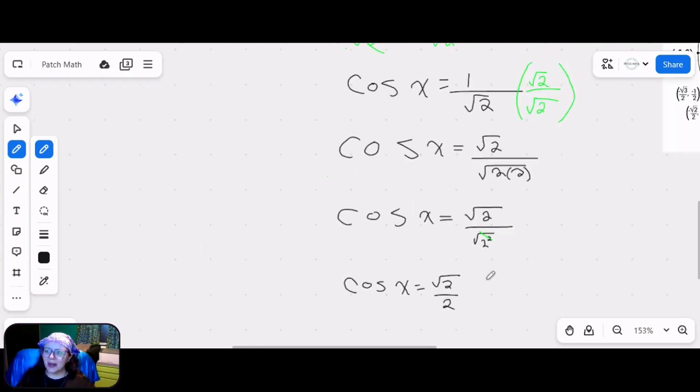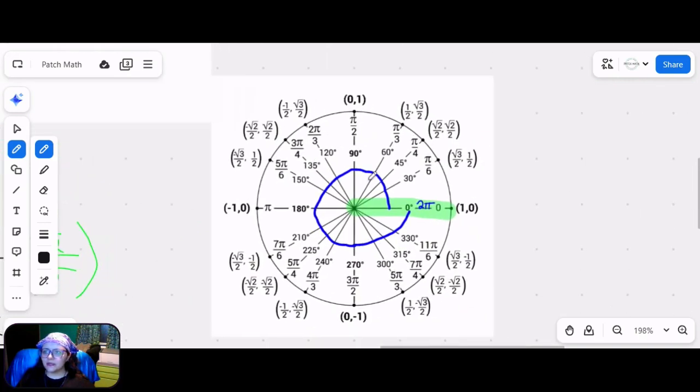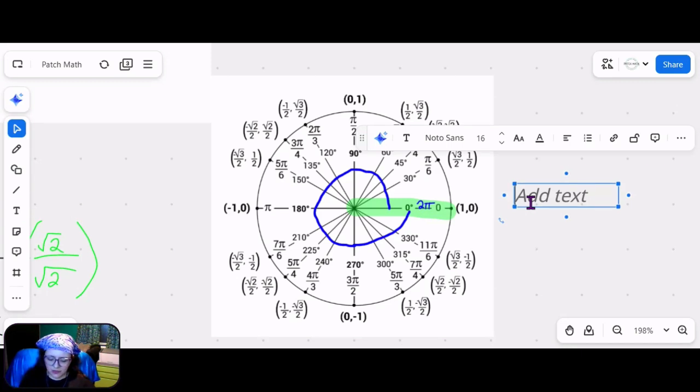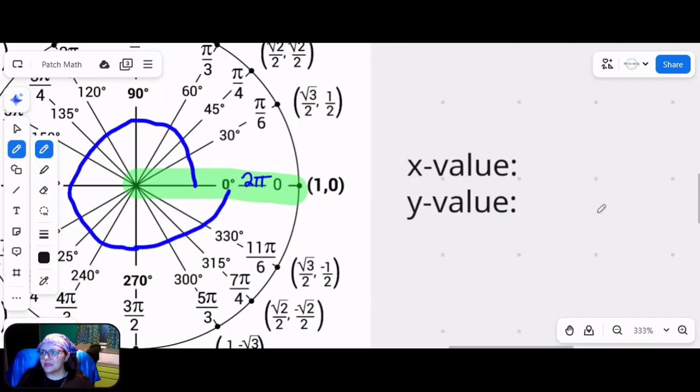Now notice here our output is positive. And also notice here, we have these ordered pairs on our unit circle. If you're at this point in your math class, you know that your x value on your unit circle stands for the cosine of your angle, and your y value stands for the sine of your angle. Now, you'll see why I am representing that as x value and y value explicitly there.